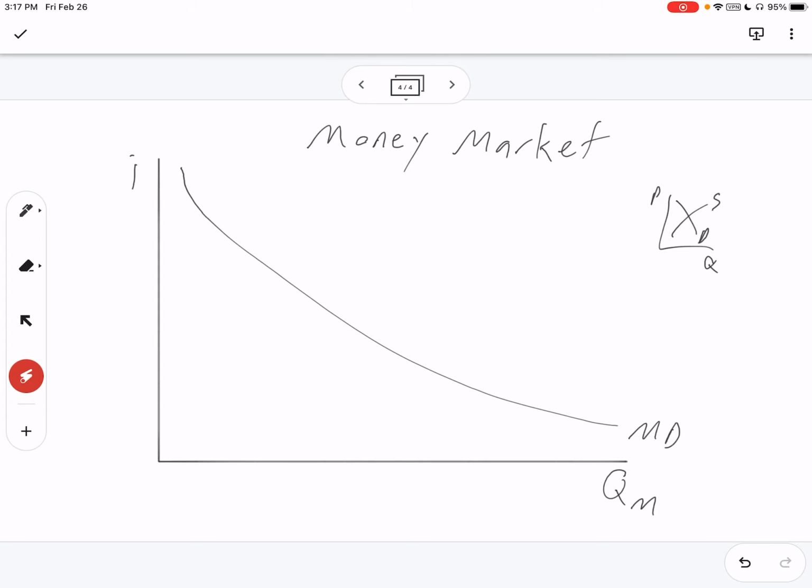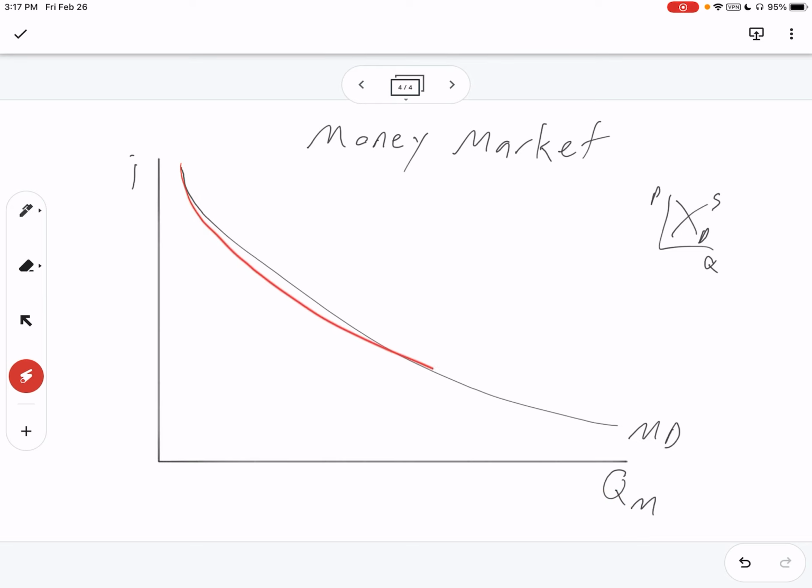Well, the answer is spend it. If interest rates are lower, you're not going to get as much money by holding it, by saving it. So therefore you're more likely to spend it. Really, the opportunity cost of spending money is lower because you're not giving up as much money that you could have gotten when you were saving. So when interest rates are lower, the quantity demanded of money is increasing.